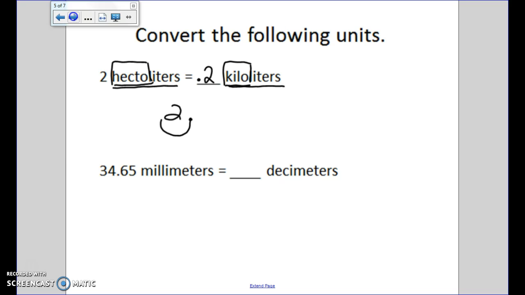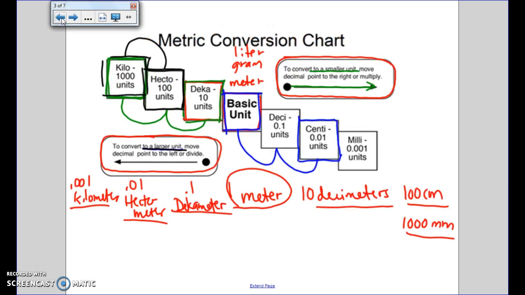Let's go back to the red ink again and take a look at this one. It's a little more tricky. This one's millimeters to decimeters. Milli to deci. Okay, and so let's take a look here. Milli is way down at the bottom, and deci is 2 spots in front of it, or 2 spots bigger, 1, 2. And so again, 10 millimeters would make a centimeter, and 10 centimeters makes a decimeter, so 100 millimeters would make a decimeter, and I'm moving to a larger unit.